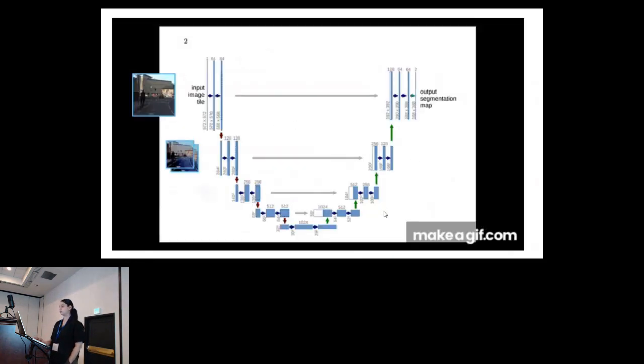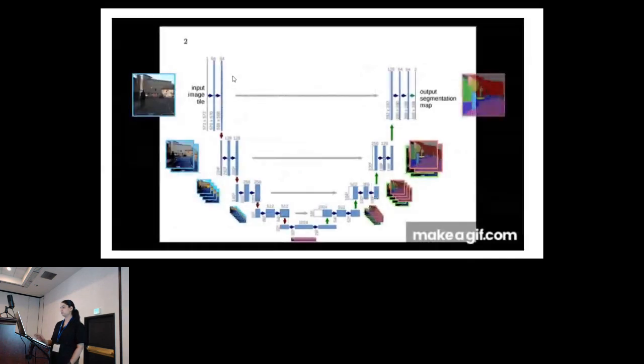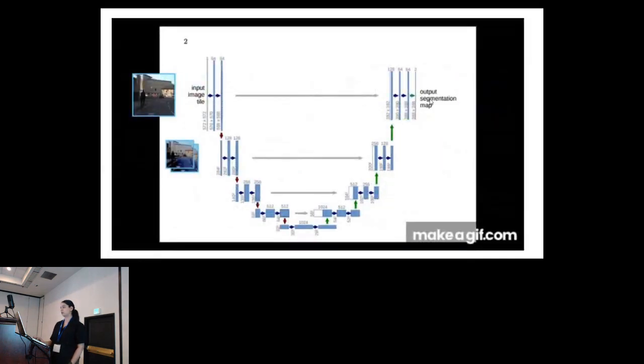Yeah. So what's a UNet model? It's called UNet because it's shaped like a U letter. At a very fundamental level, it has two parts, an encoder and a decoder.